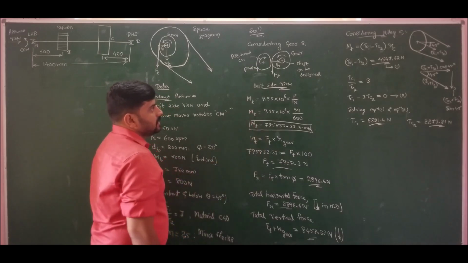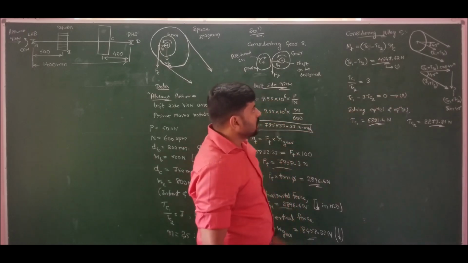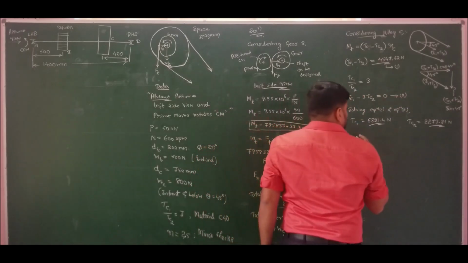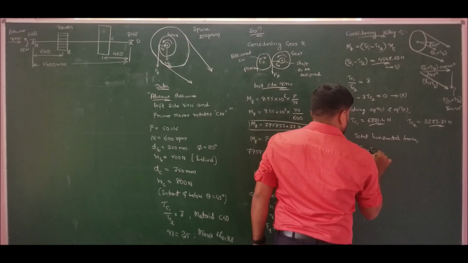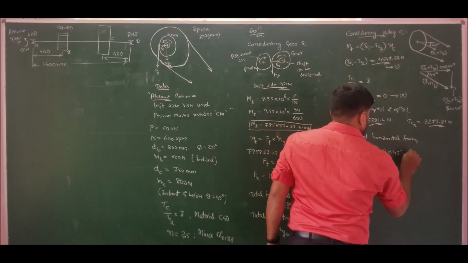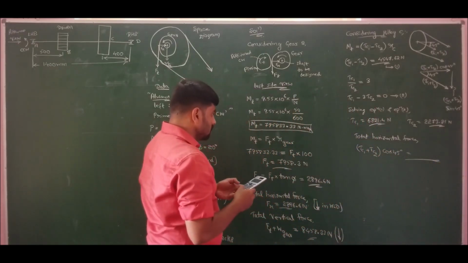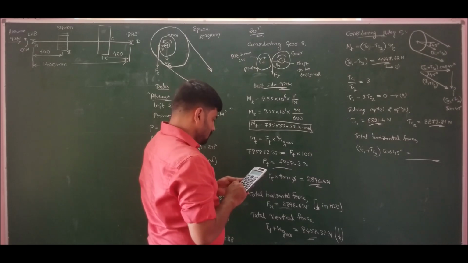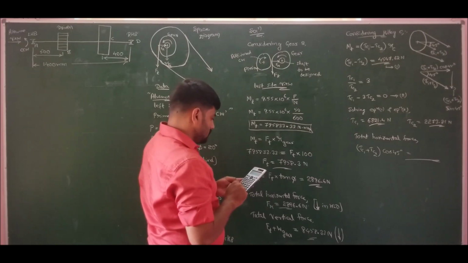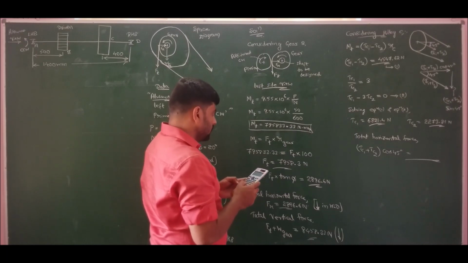Now I can find the total horizontal and vertical force. We know the resultant TC1 plus TC2. So the total horizontal force will be (TC1 plus TC2) cos 45 degrees, that is (6821.4 plus 2273.81) into cos 45 degrees.